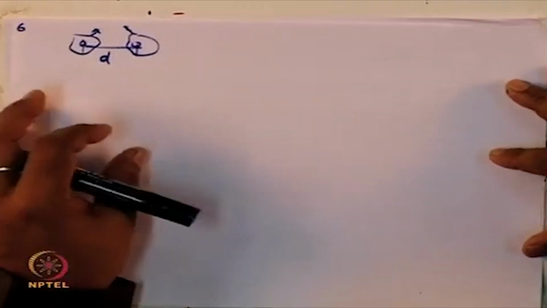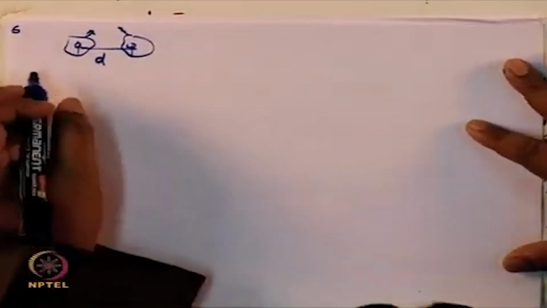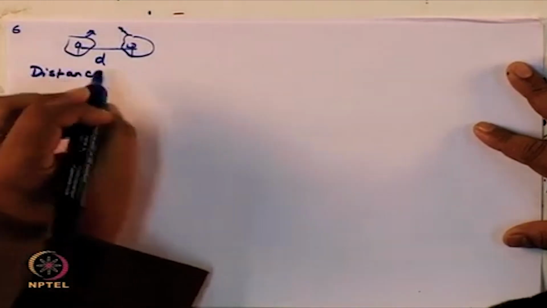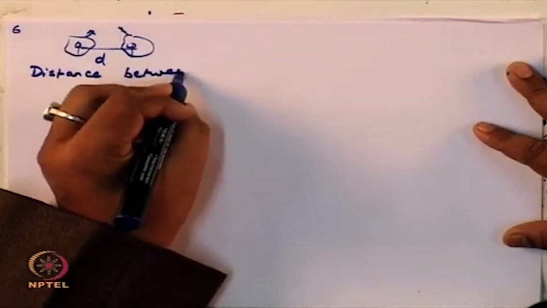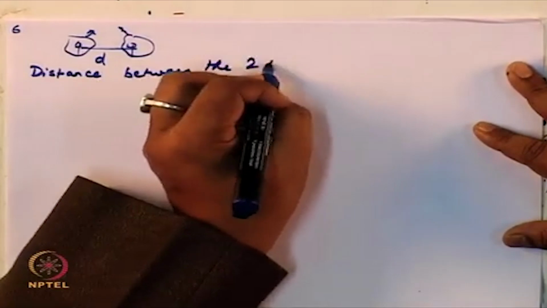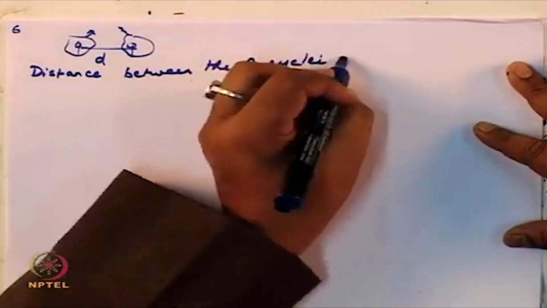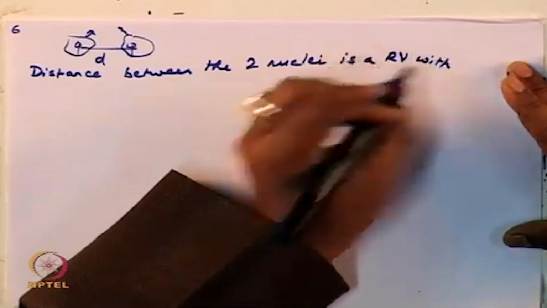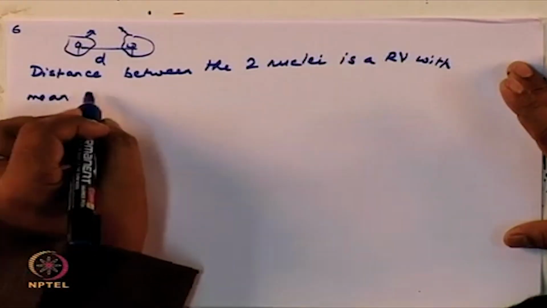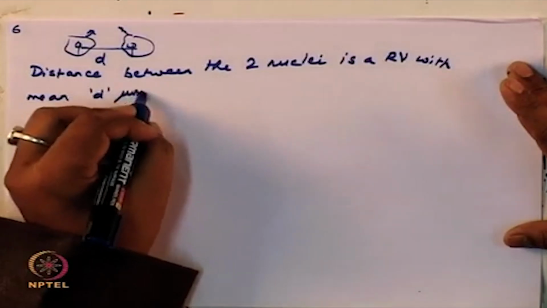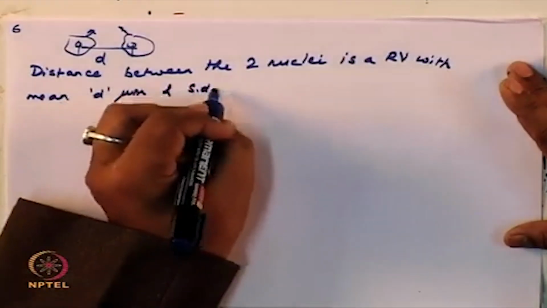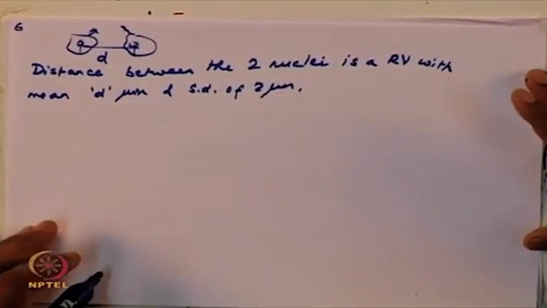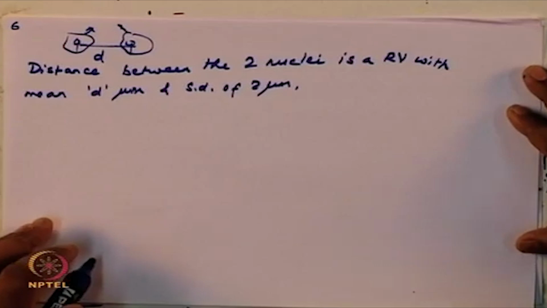This is D. And what you find is the distance between the two nuclei is a random variable with mean of d microns and standard deviation of 2 microns.